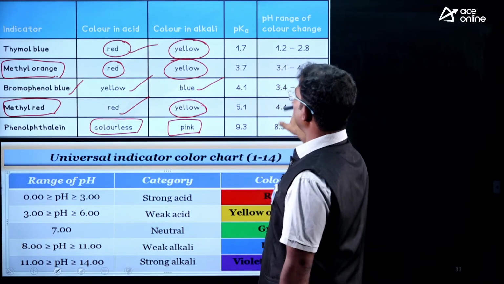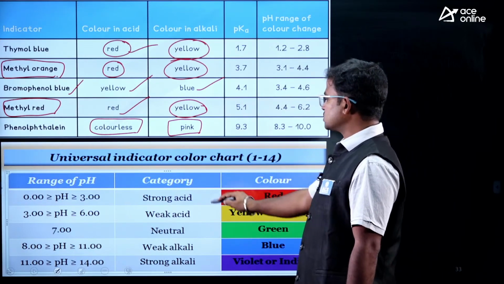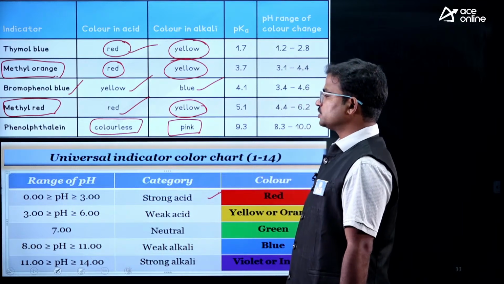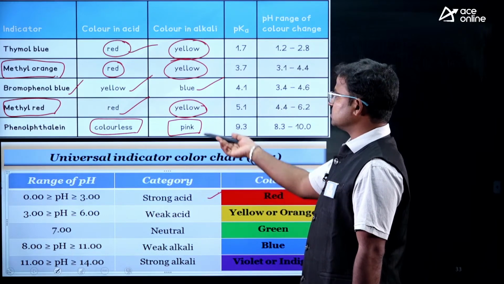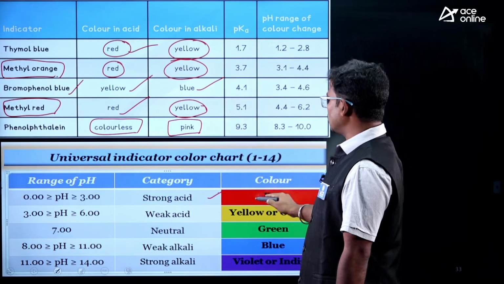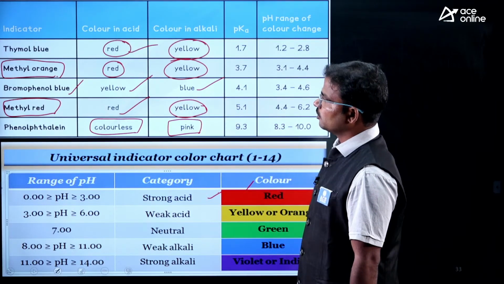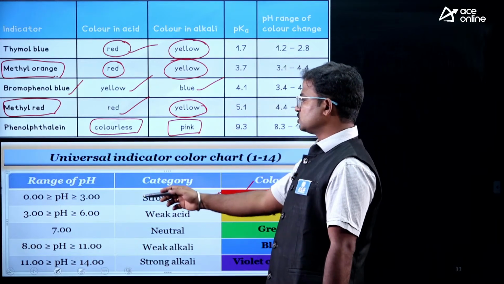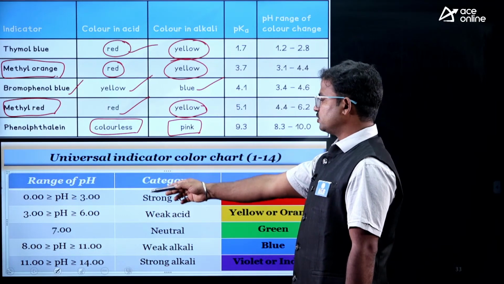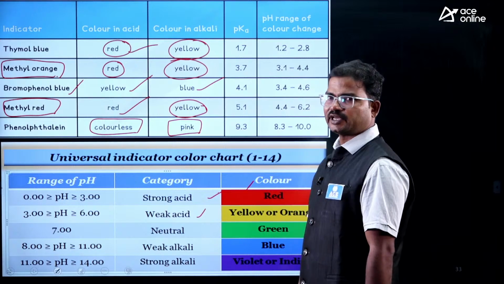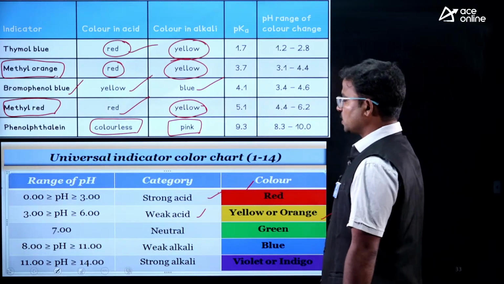This is the color range of those indicators. Strong acids have a pH value between 0 to 3. When we add the concerned indicators, it always shows red color, like methyl red or methyl orange. If you consider weak acid, its pH value is between 3 to 6, and it mostly shows yellow or orange color.